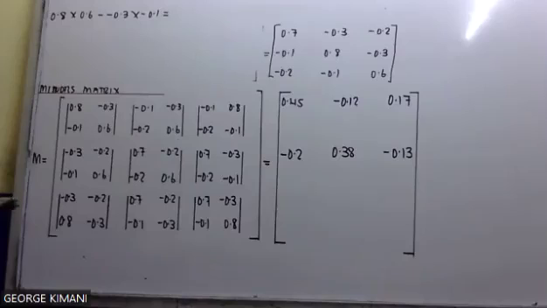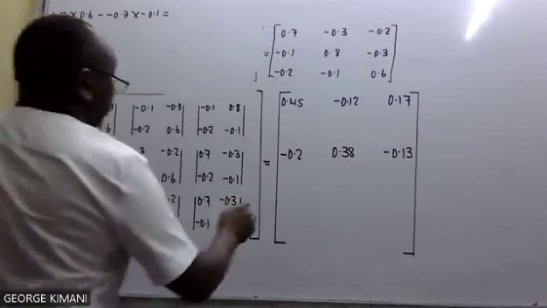Negative 0.3 times negative 0.3. What have I done? Let me start again. Negative 0.3 times negative 0.3 minus negative 0.2 times 0.8 equals 0.25. Good.